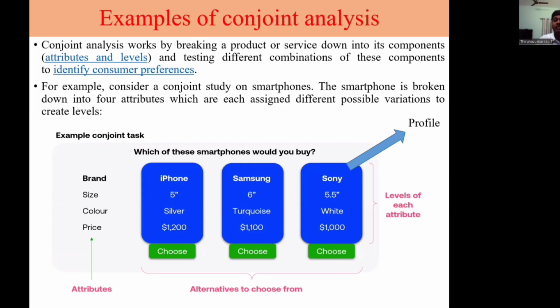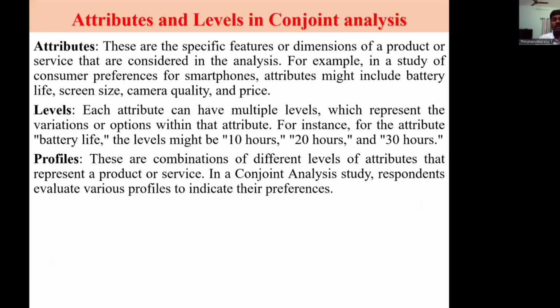Why may I choose iPhone instead of Samsung and Sony? Because of color, or because of the price, or because of the camera quality, based on the different attributes. Now the company can understand the decisions of the buyers, or the buying decision can be understood by the companies, right?